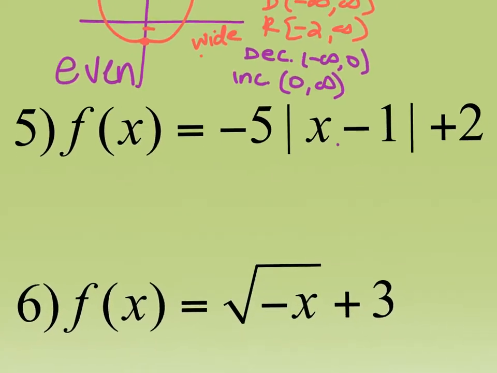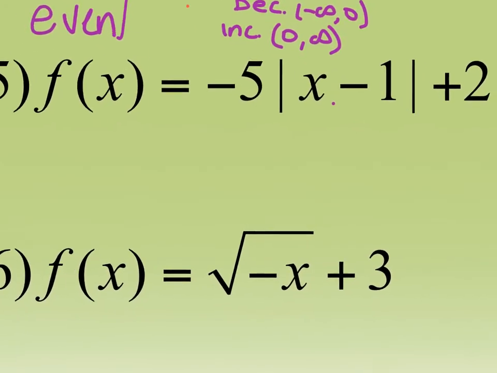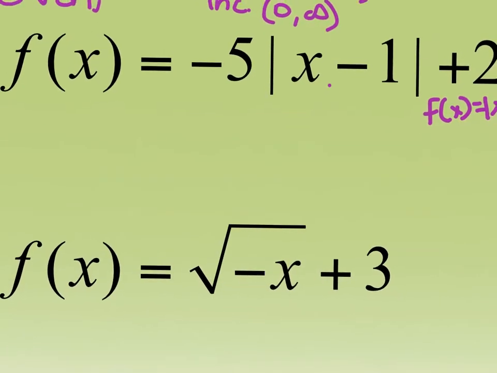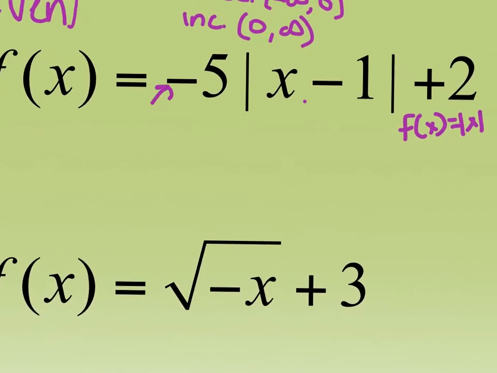All right, 5. Now a couple of, well, multi-step, right? So this time my parent function is the v, or absolute value of x. The negative on the front does what? Upside down. The 5 next to it, narrow or vertically stretched.